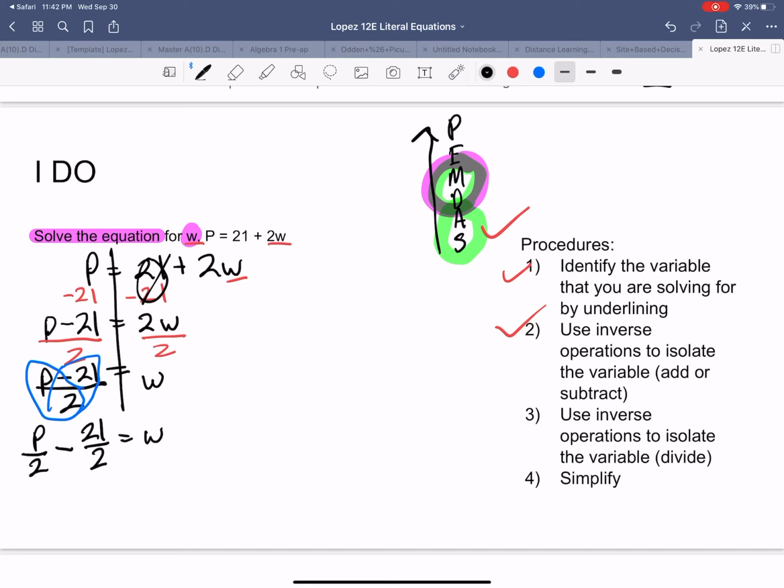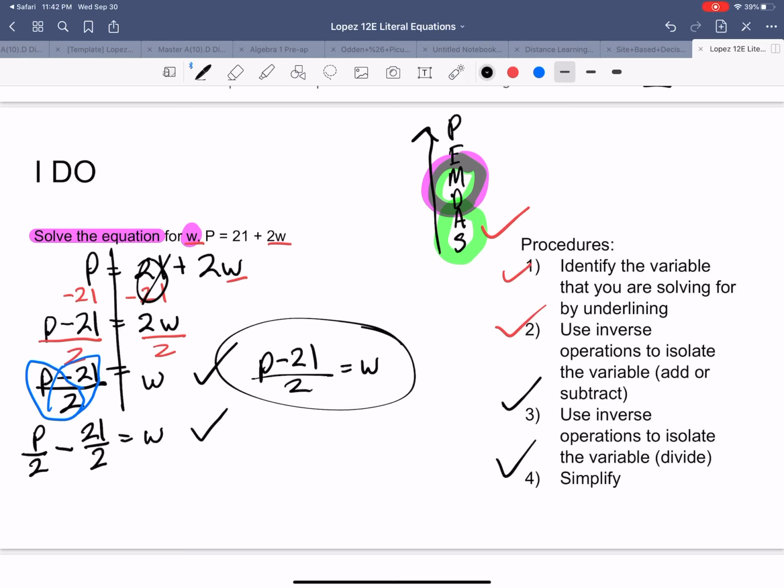And so you see, that's kind of ugly looking. It's better to have left it here. Essentially, these two are the same thing. So depending on what your answer choices are, that's where you want to go. I think the better answer would have been P minus 21 divided by 2 is equal to W as the final solution, final equation. And so, check, check.